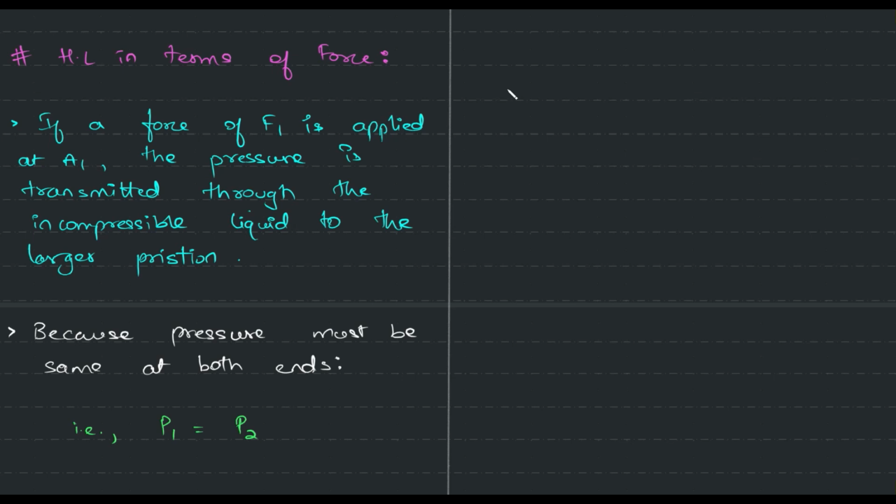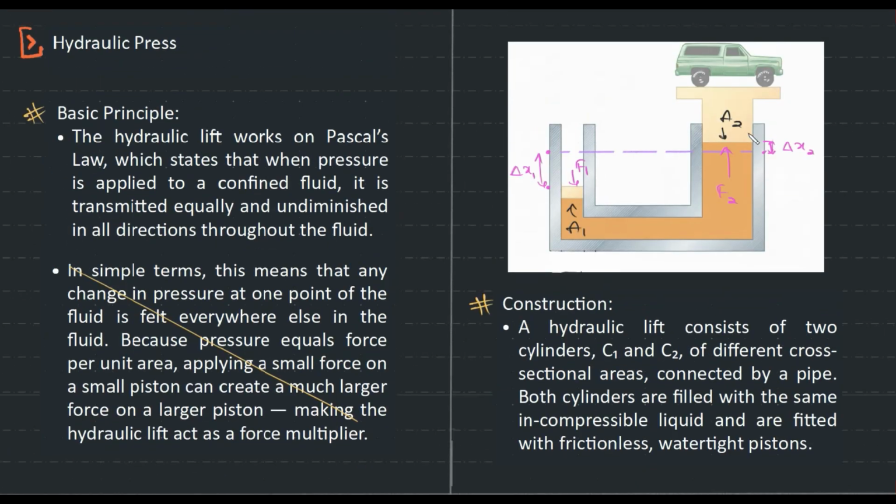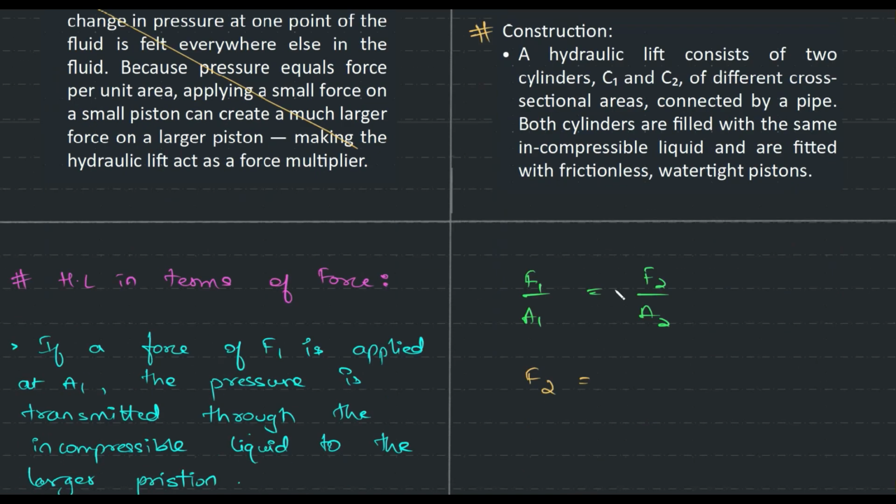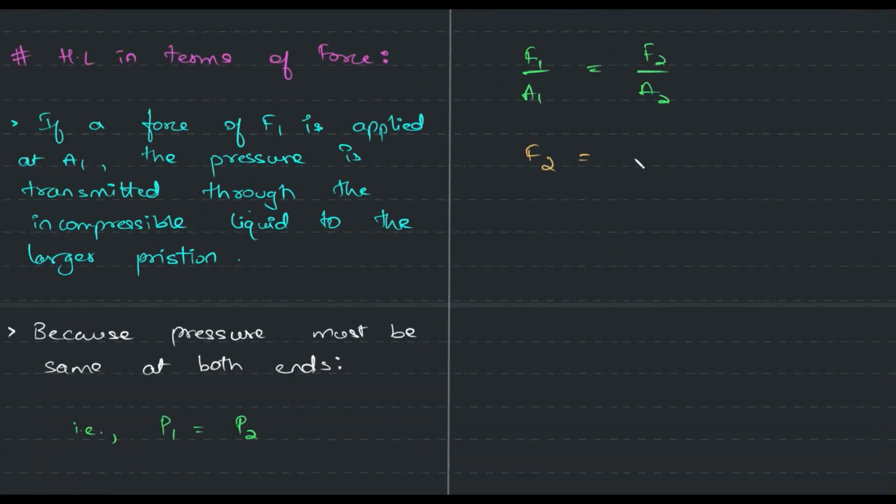Okay, that is what we have understood from Pascal's law. So force by area has to be equal: F1 by A1 equals F2 by A2. Do you guys agree? So if I rearrange, F2 has to be equal to A2 by A1 times F1.